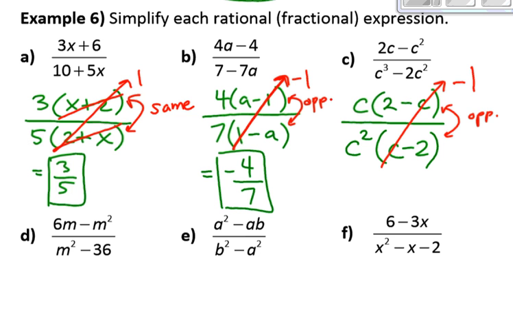Also, in the denominator, you have c squared, which is like c times c. So one c in the numerator is going to cancel, and one c in the denominator is going to cancel. So actually, in the numerator, you have nothing left except negative 1. In the denominator, you have a single c left over. All right, we're almost done.